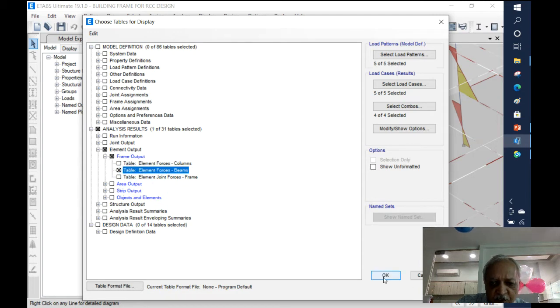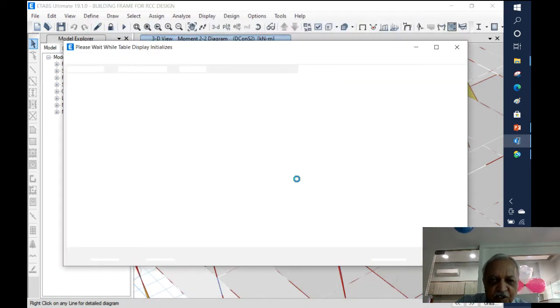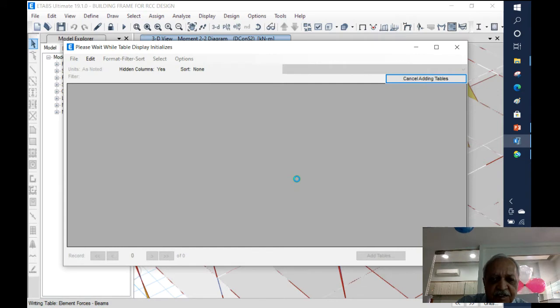So we say that for some of the beams, if you see the kind of results which are available, then for the given structure, now you have got all the set of forces available for different loading cases, and those we will be able to later on use for design purpose.